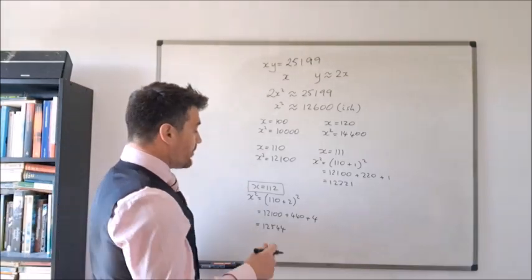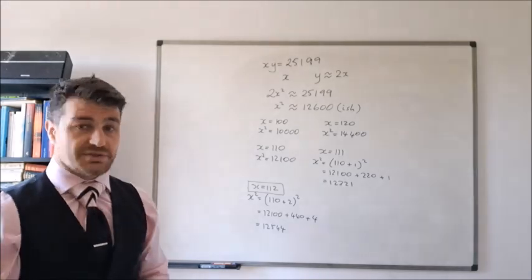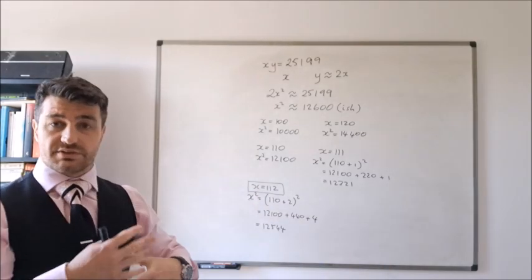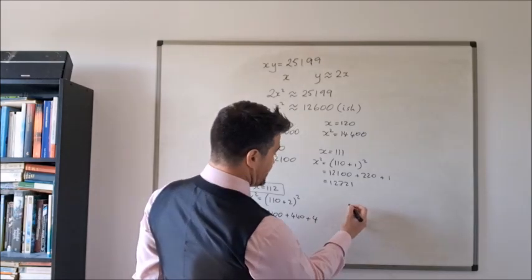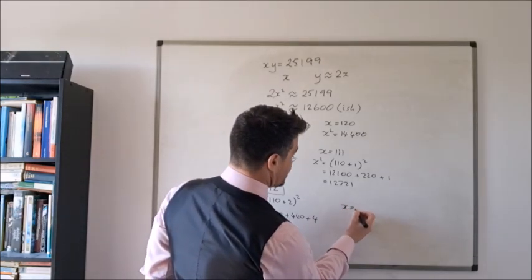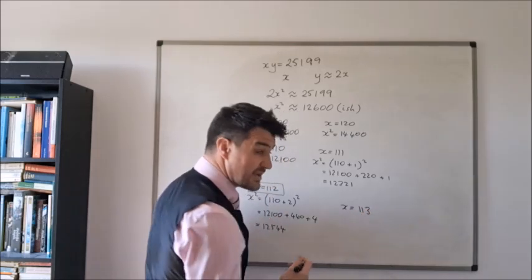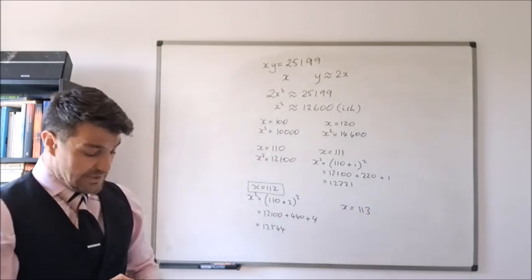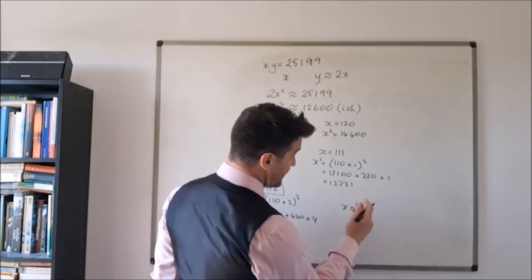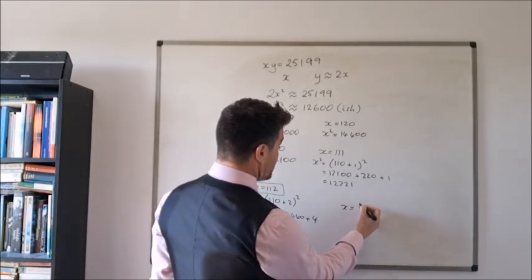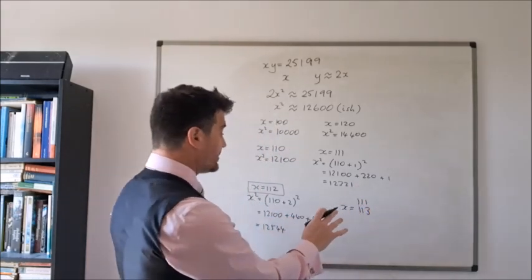Okay, so what I need to think about then is what are possible prime numbers around the value of 112. So let's try maybe x equals, I don't know, 113 maybe. I don't actually know if some of these are going to be prime numbers. 115 is definitely not going to be a prime number. 111 I think will be too small.